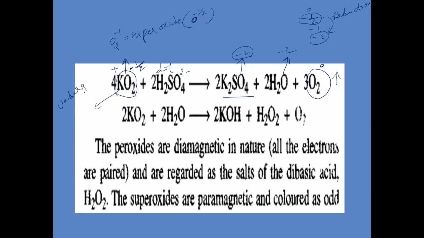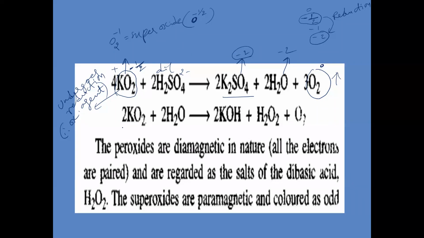As this compound is undergoing reduction, it acts as an oxidizing agent. So what is the oxidizing agent here? KO2, potassium superoxide, because it is undergoing reduction, getting reduced from minus 1/2 to minus 2. This point we have to clearly understand. Is that clear, ma'am?